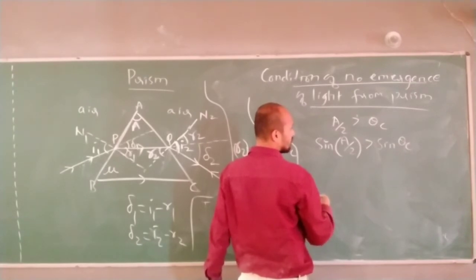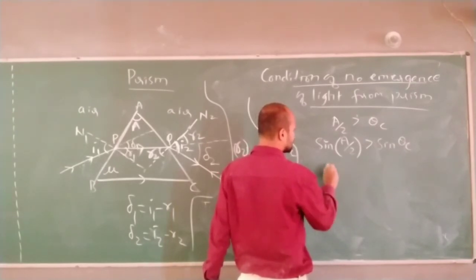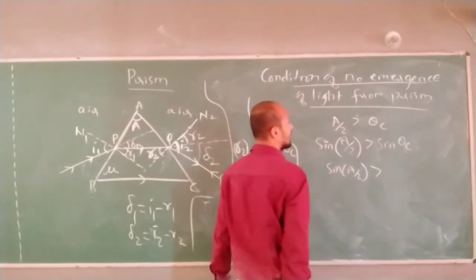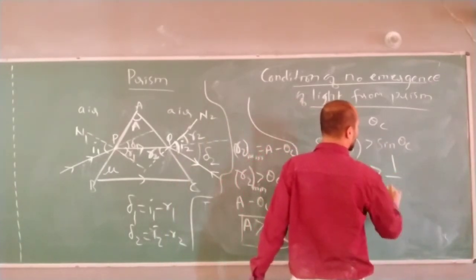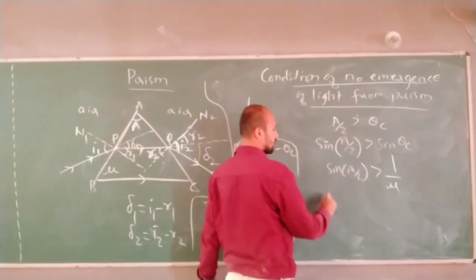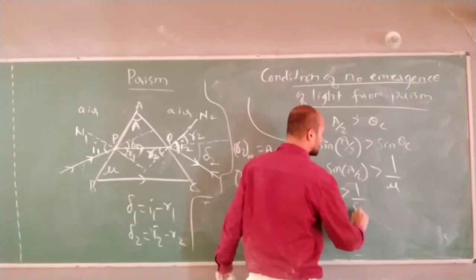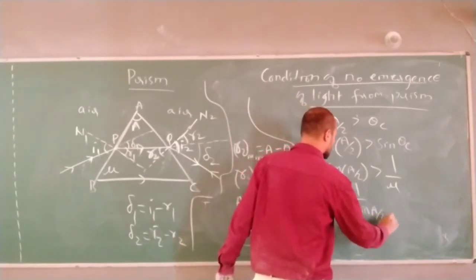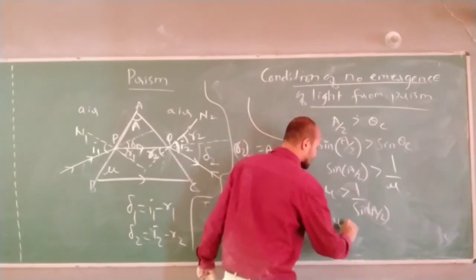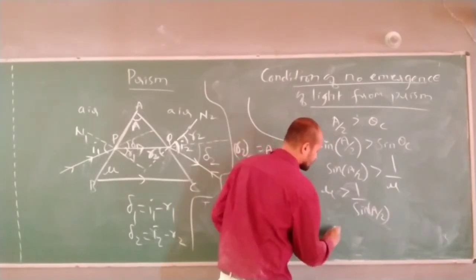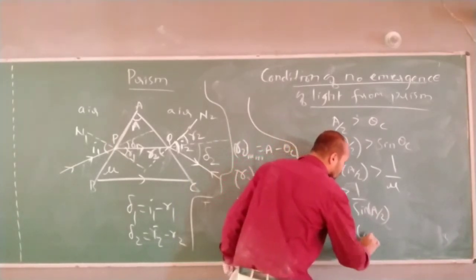So sin of A by 2 will be greater than 1 by mu. Therefore mu is greater than 1 by sin of A by 2, or mu is greater than cosecant A by 2.